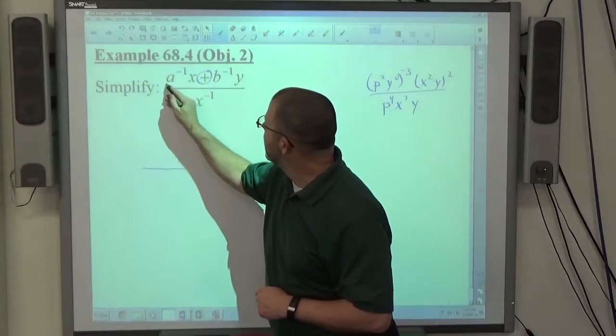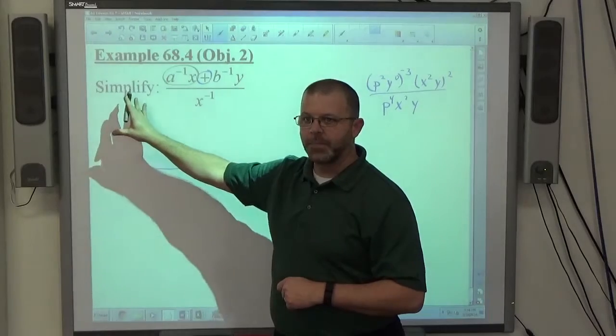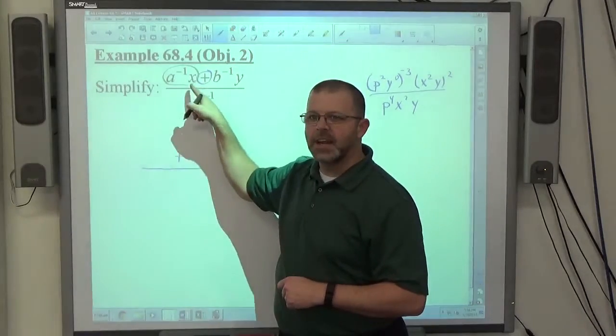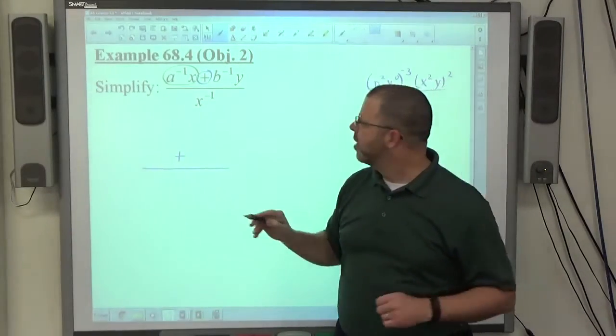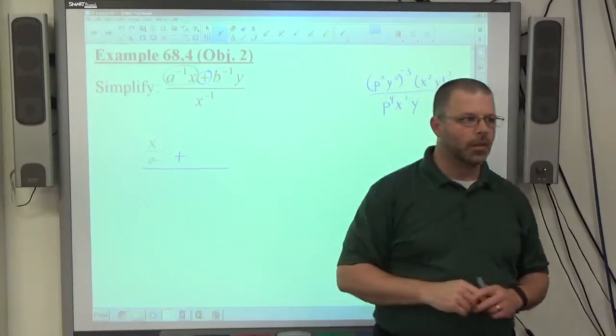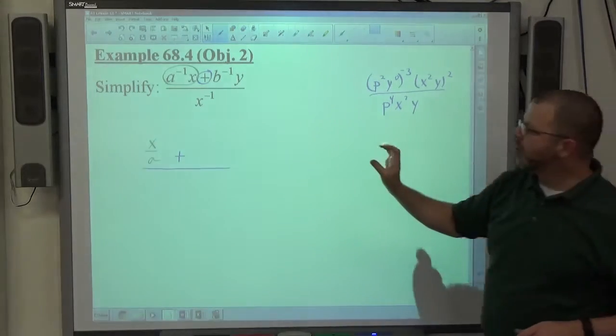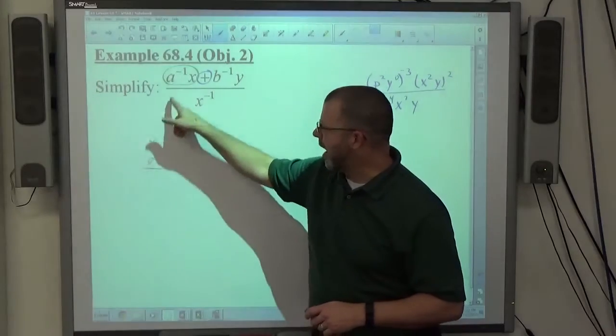So a to the negative 1x is on the top left part of this fraction, right? I want a to the negative 1x to stay there, but I don't want a negative power. So I'm going to make that x over a. You create the fraction in its location. Do not move the a to the bottom of the whole big fraction. Just create a fractional term within the fraction.